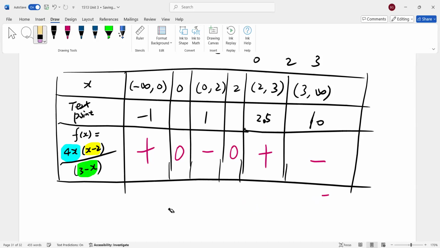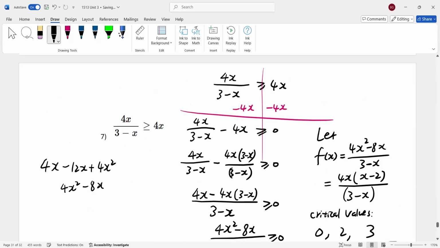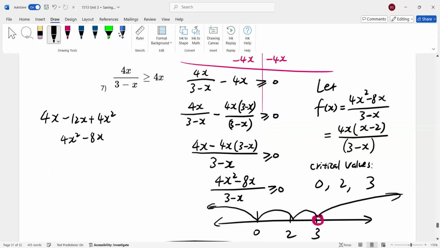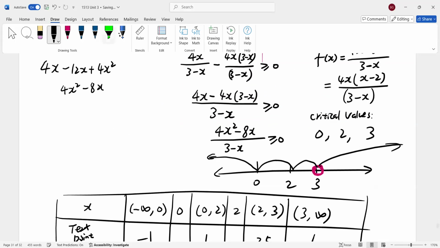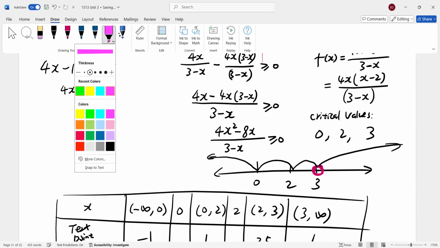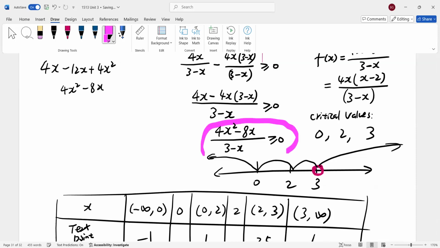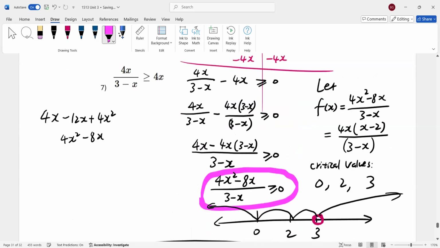And what are we doing here? We are trying to find the intervals or points such that the function, now you do not look at here. Now you're going to look at here, after you write the inequality in the standard form.